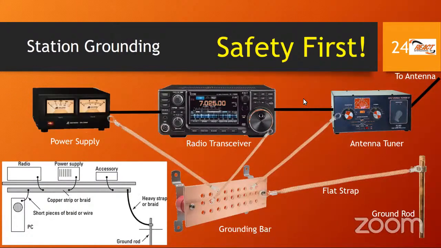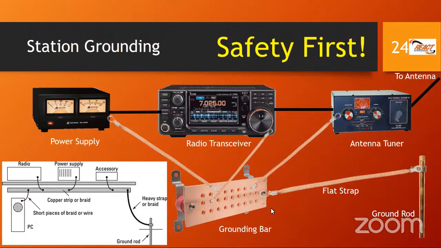So on the inside of our shack, as we had shown, we have different components. We have our power supply, it goes to a radio transceiver, and then maybe an antenna tuner, and it goes to the antenna. But we are showing here that we need to ground these things. And so we may have a grounding bar on the inside of our shack, and we use these very strong cables that connect between our equipment and the ground bar so that we ground our equipment.